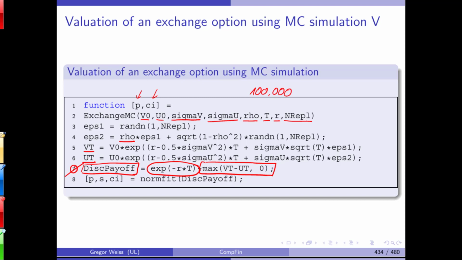And this is something tricky here. We calculate norm fit of the discounted payoff. Why do we use norm fit? First of all, what does norm fit do?